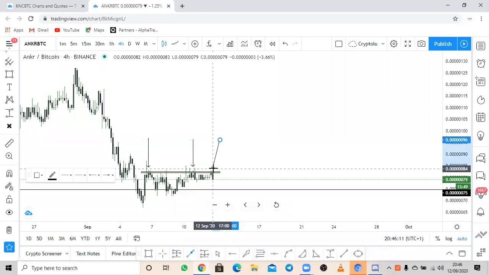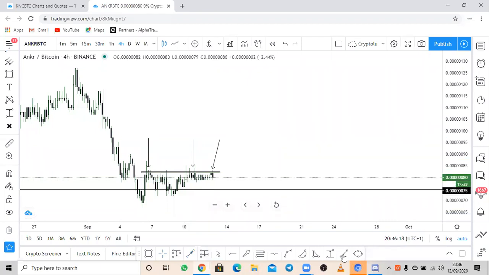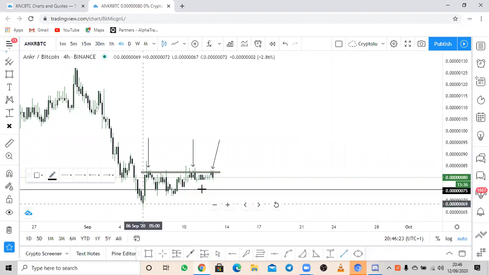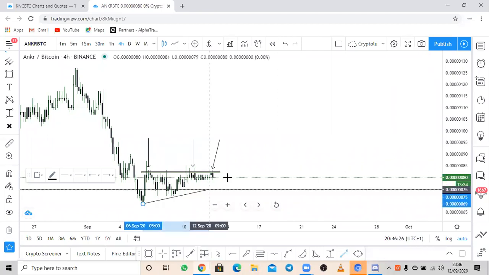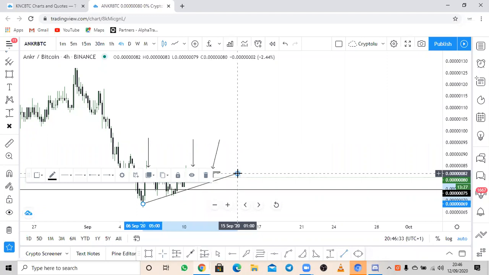We also have higher lows from this bottom here. So these equal highs plus higher lows give us an ascending triangle.